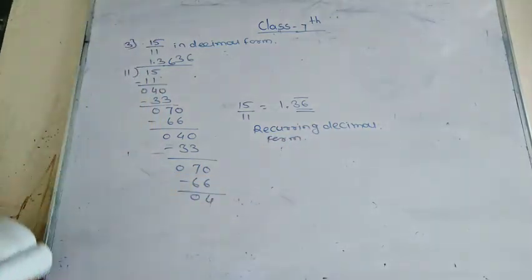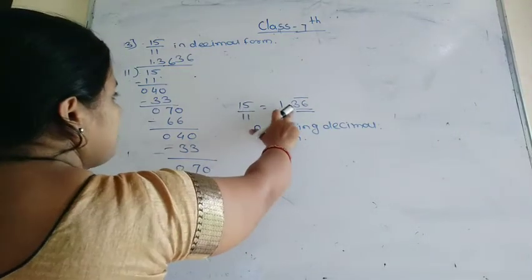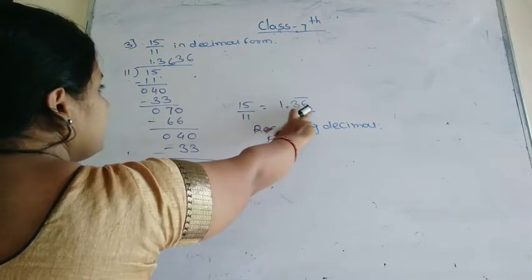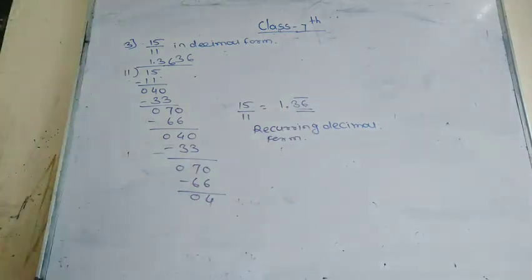And when the remainder is 0, this is called terminating decimal form. Remember, rational numbers have either a terminating decimal form or a non-terminating recurring decimal form.